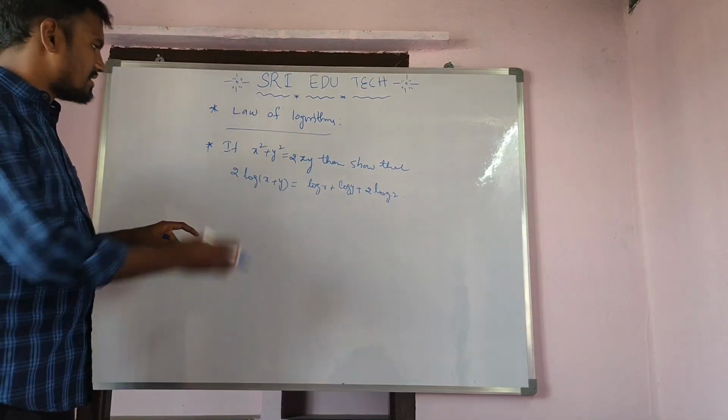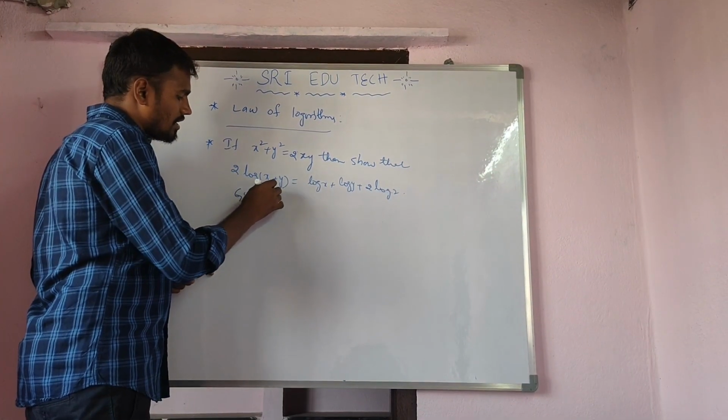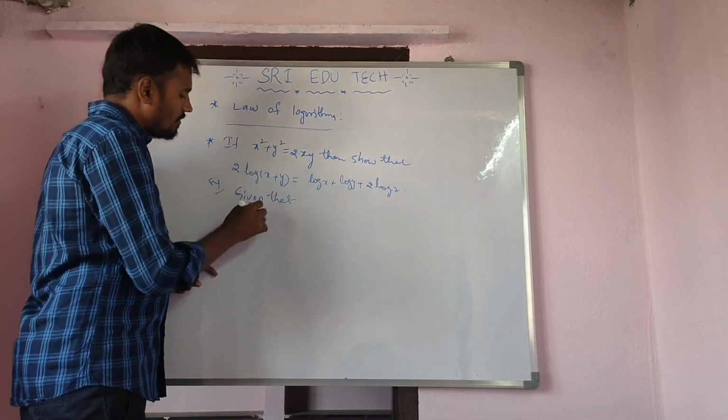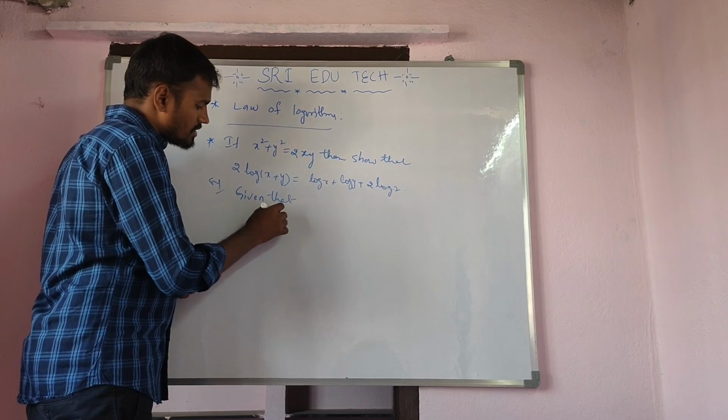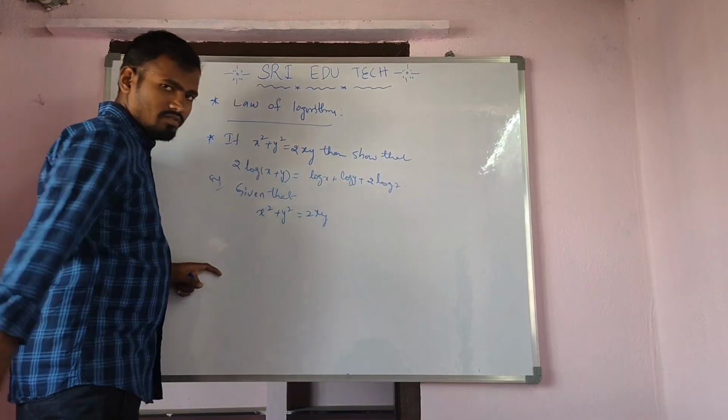Okay? Let's see here, simply we will do it. See, first we write down the given, it must and should. What is given? x square plus y square is equal to 2xy.